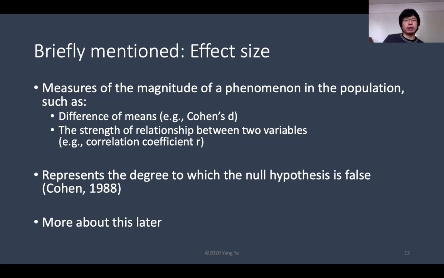Interestingly, Cohen said that effect size actually represents the degree to which the null hypothesis is false. Okay? That's quite interesting. I can't really evaluate whether this is valid or not, but it's an interesting way to look at effect size. We'll talk about effect size later when it comes to the specific tests that we'll be running.